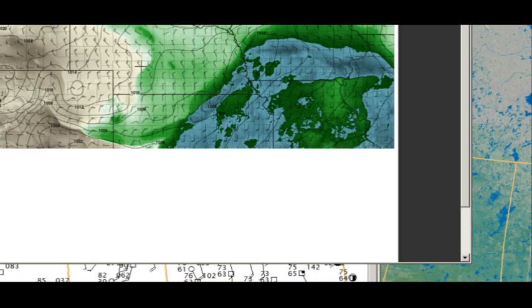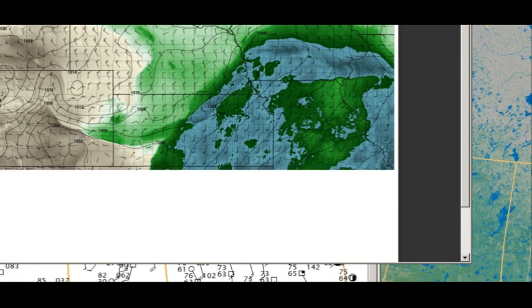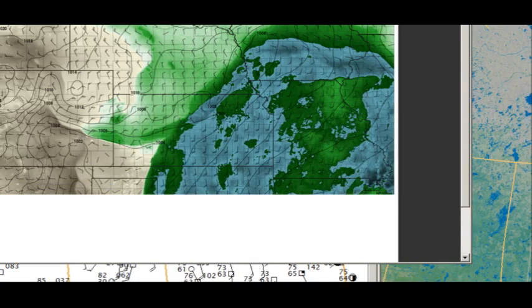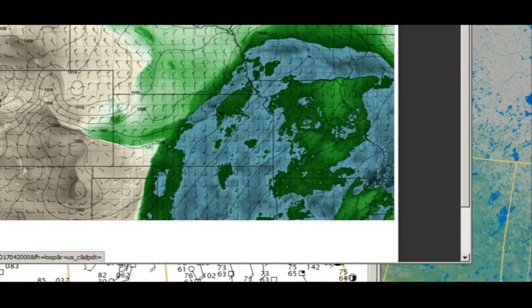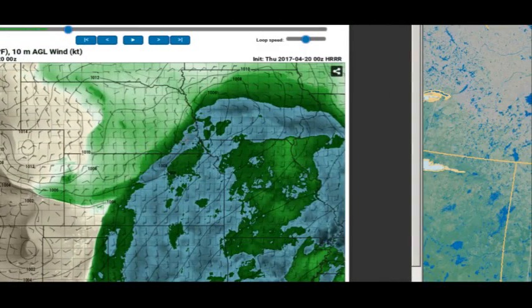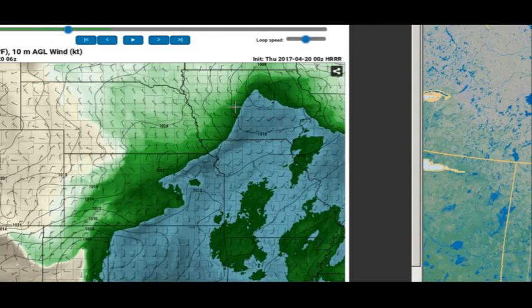Anyway, this will probably take just a second here. It's probably loading in like 20 frames at the same time. But as far as storm relative inflow, we're talking about the flow from the south coming up to meet that front. You can see the front right here. And another thing is that we have the low pressure area right there just north of Omaha. And keep in mind, that's going to be moving to the northeast during the nighttime. So we should see some veering in Iowa as that moves to the northeast.